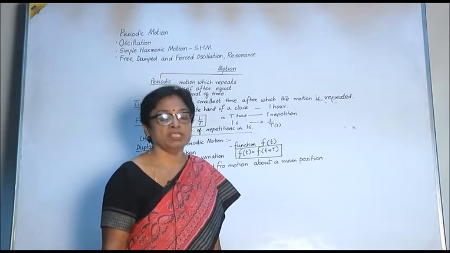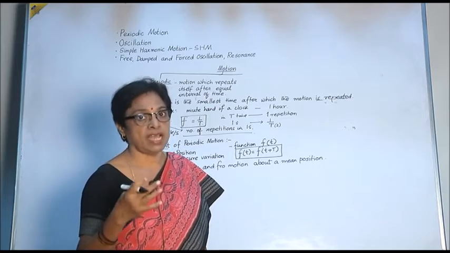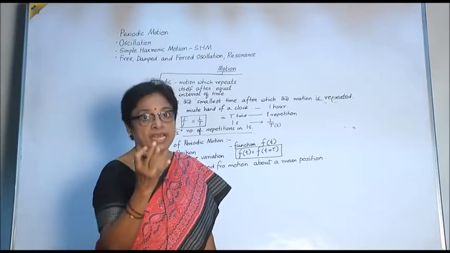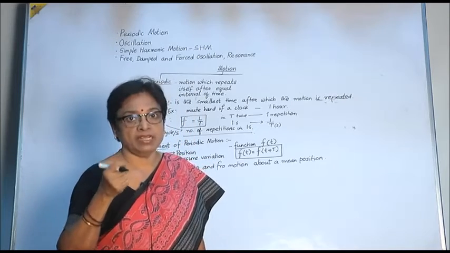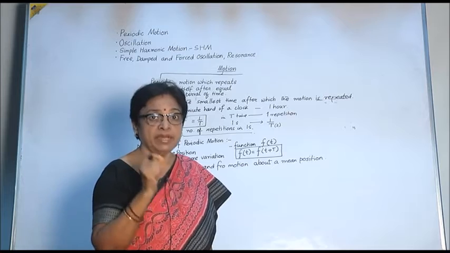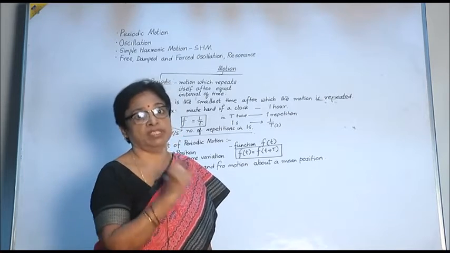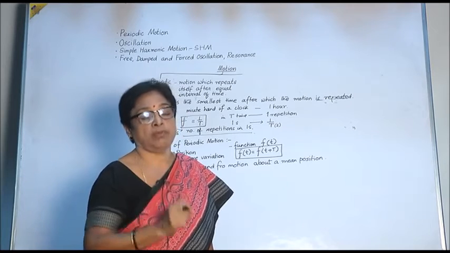For small frequency we call it oscillation, but when the frequency is large, for example, if you have a guitar and the string is plucked and left, the string vibrates with a large frequency, many times in one second.